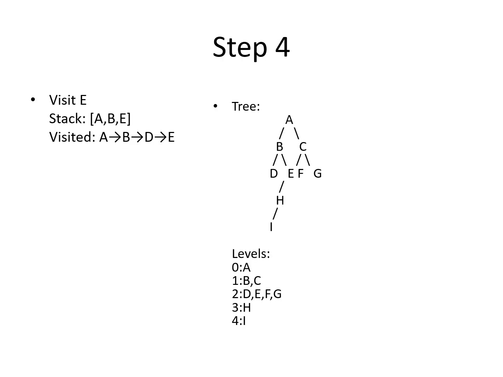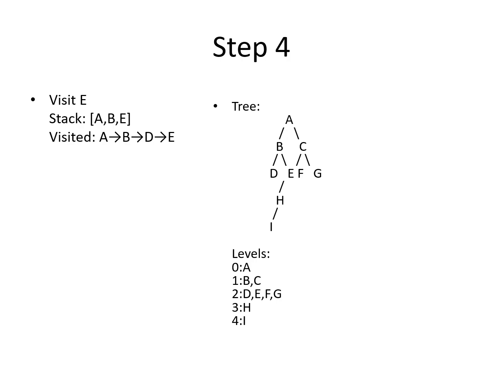Next we go with step 4. What is happening now is that we visit the E node, because with the help of backtracking from D to B, we can reach E. So the node visited at present is E. The visited nodes are A followed by B, then B followed by D, and then with the help of the backtracking process, we reach the E position. What level are we at now?